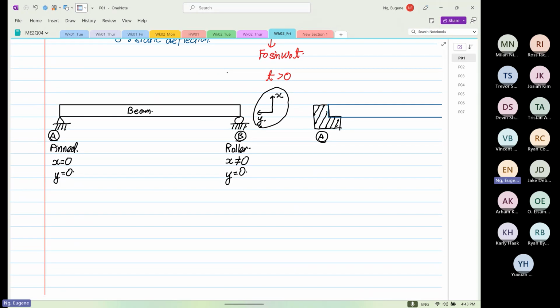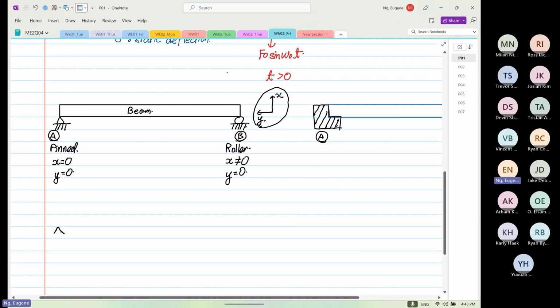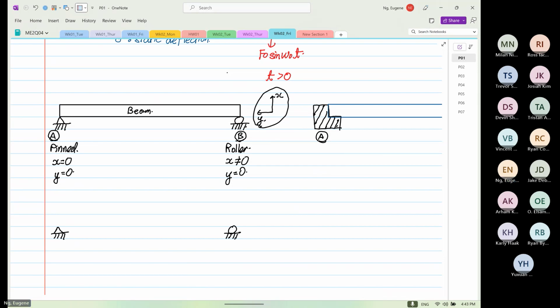So when we place a motor at the center, this is our pin, this is our roller. So we are going to put a motor on the beam, and the motor, this is exaggerated, okay?